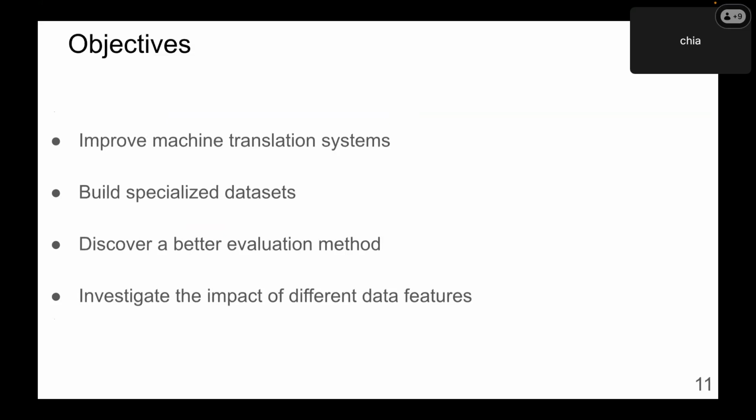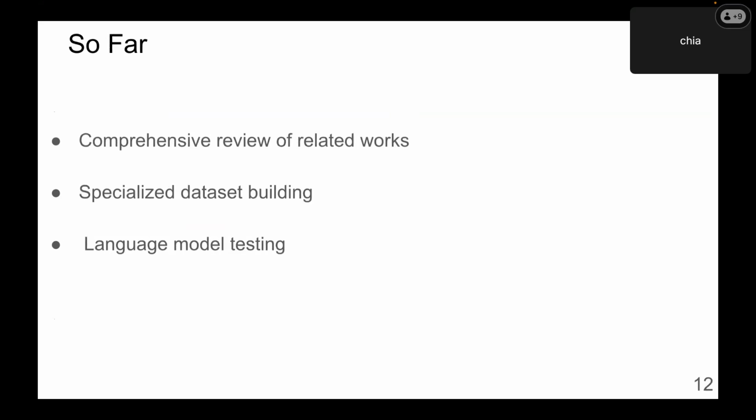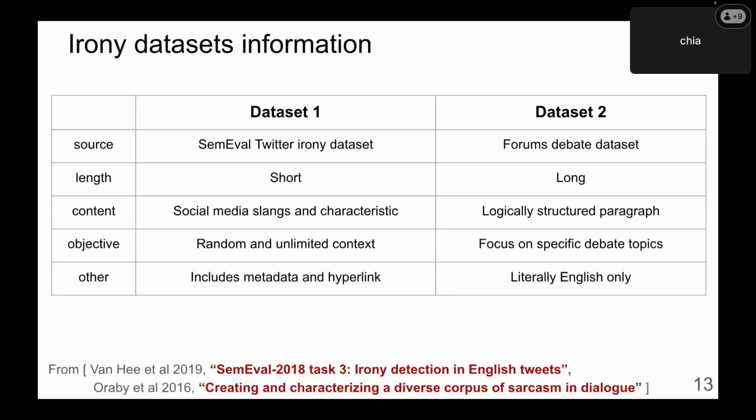Lastly, to investigate the impact of different data features. So far, I have done a comprehensive review of related work. Also, I built the data set for irony machine translation, and also some language model testing.